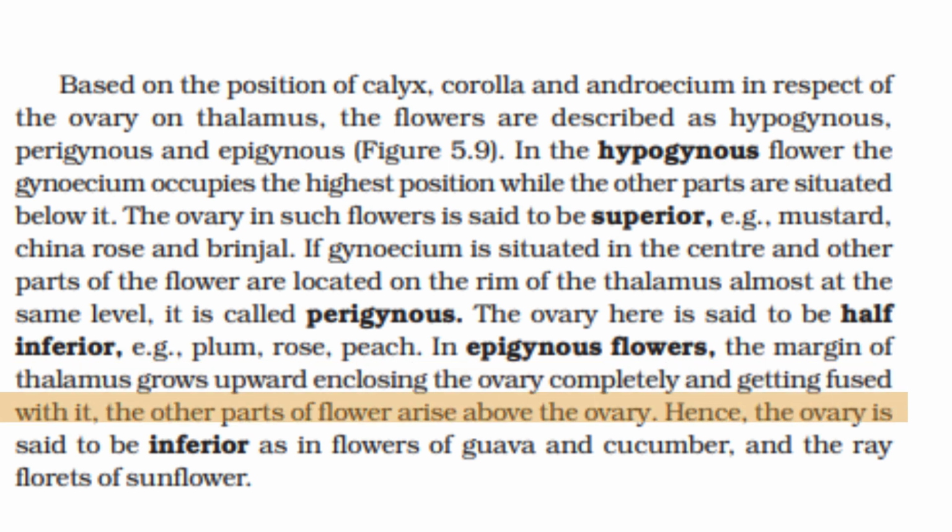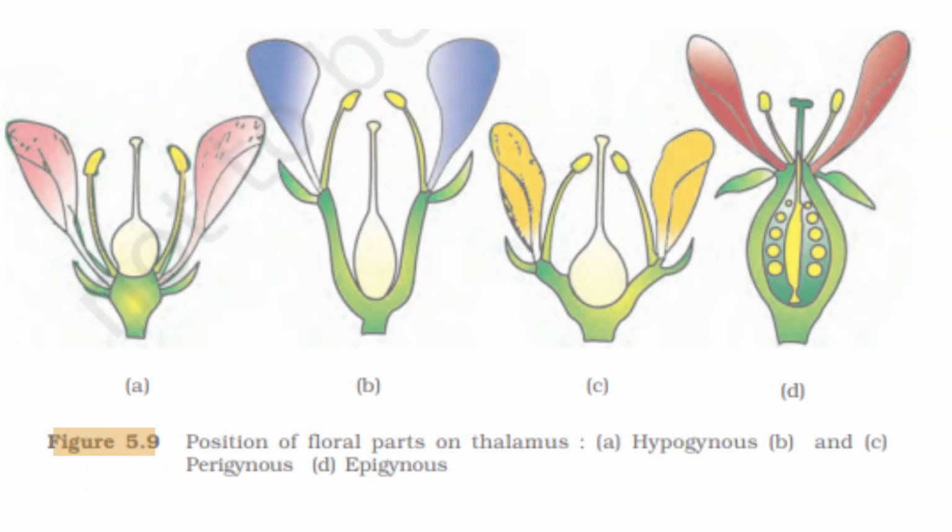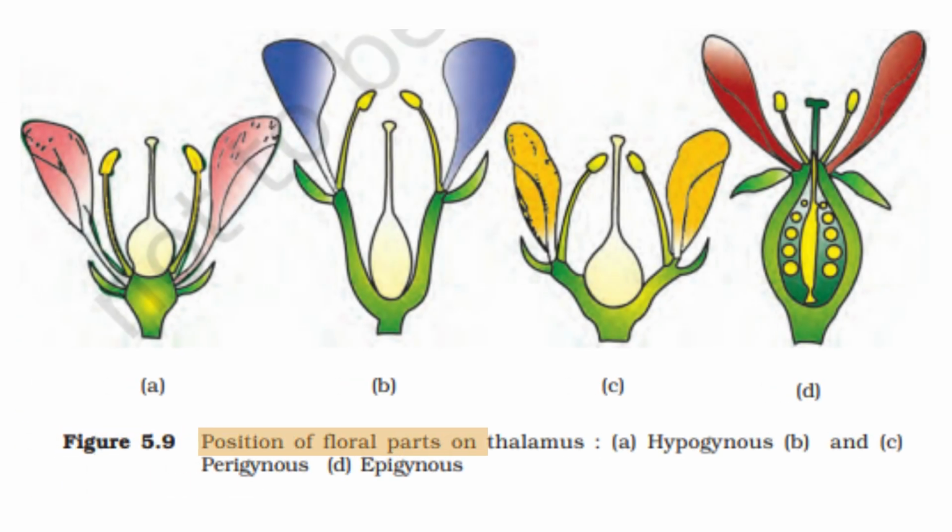The other parts of the flower arise above the ovary. Hence, the ovary is said to be inferior, as in flowers of guava and cucumber, and the ray florets of sunflower. Figure 5.9. Position of floral parts in thalamus. A. Hypogynous. B and C. Perigynous. D. Epigynous.